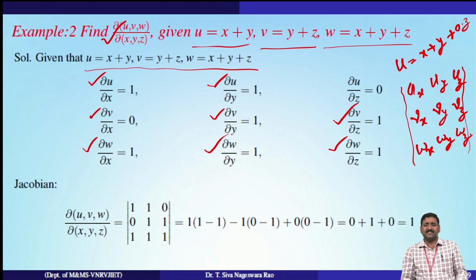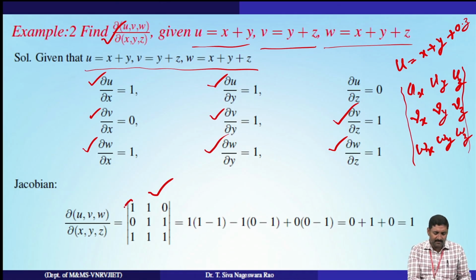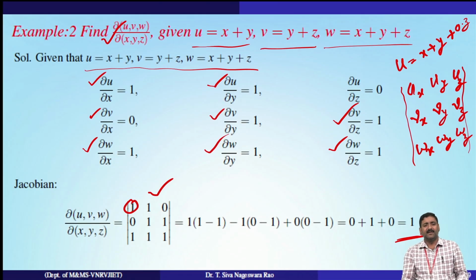By substituting all these respective values into the determinant, you will get this matrix. Now find the determinant of this matrix. Take the first row, first column element multiplied by the determinant of the remaining 2 by 2 matrix, obtained by deleting the first row together with the first column. So you will get the answer as 1. This is the process of how to find the Jacobian of the given functions if it involves three independent variables with three different functions.